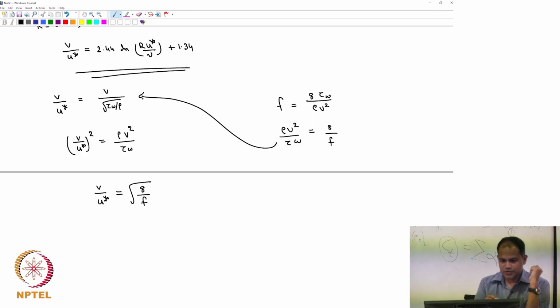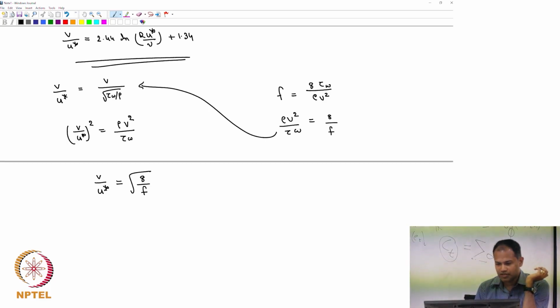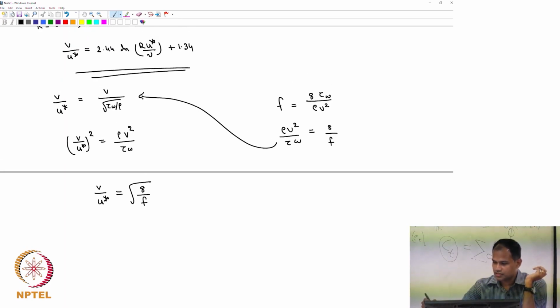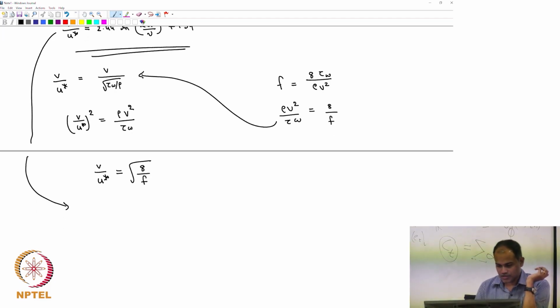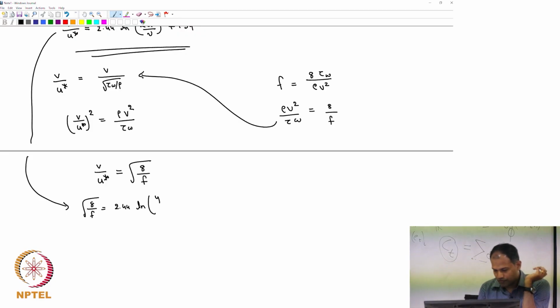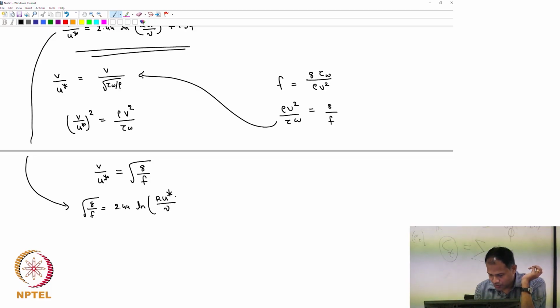And why am I writing this down? Because I already know the expression for average velocity, and the relation between average velocity and friction factor we now know. So I can immediately say that the expression we really have is root of 8 by f is equal to 2.44 ln r u star by nu plus 1.34.